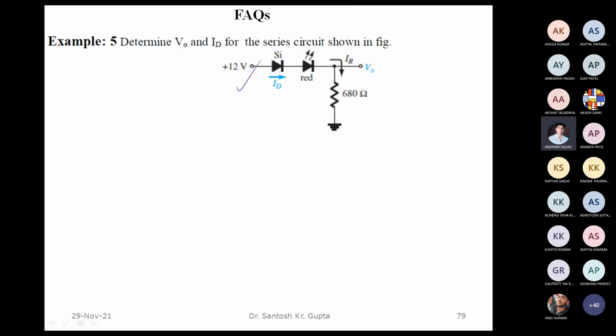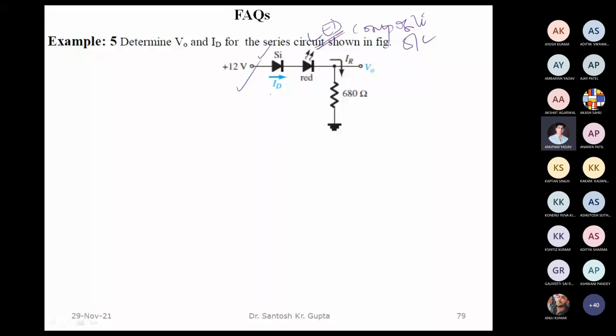As we discuss more and more, these things may become clearer. As another example, if we take two diodes connected in series, like silicon and some LED, we have seen that the LED is made of some composite semiconductor and has a higher barrier potential.